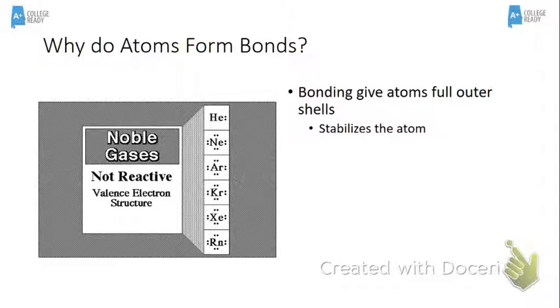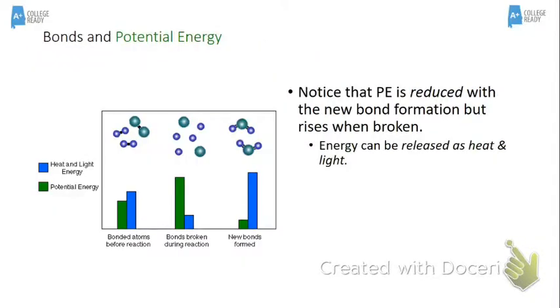And it also gives it an electron configuration that looks similar to or the same as the noble gases, which tend to be non-reactive. So overall bonding, when we are breaking bonds and forming new bonds in our chemical reactions, we have energy that is being either absorbed or released.